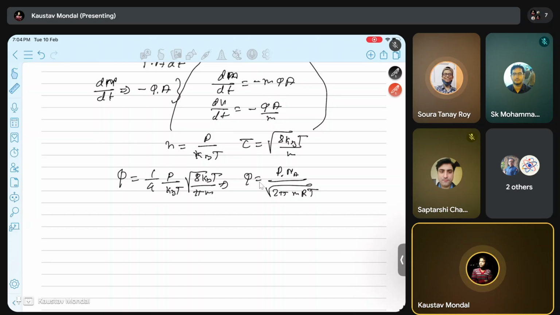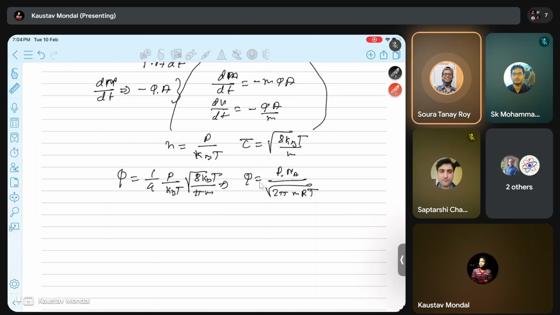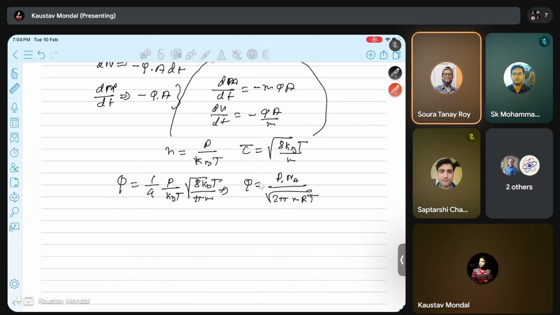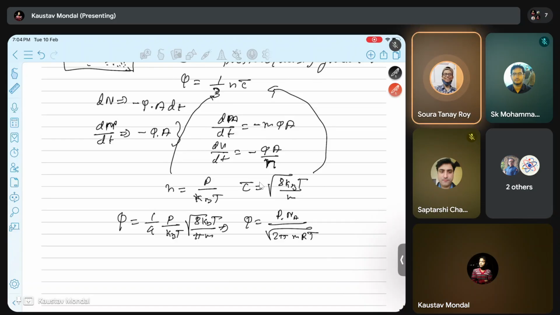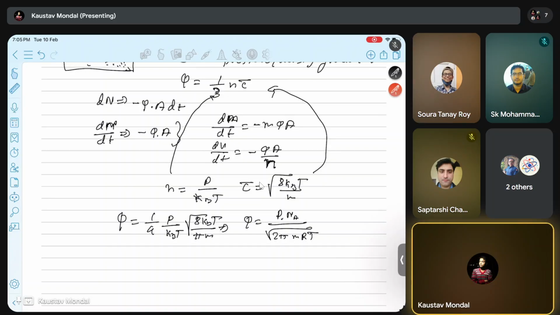Now dV by dt is minus phi A by n or minus phi A by m? I was thinking that by dividing the dN by dt expression with n, we get dV by dt, right? So it should be by n, I think. Okay, n is basically the number density.